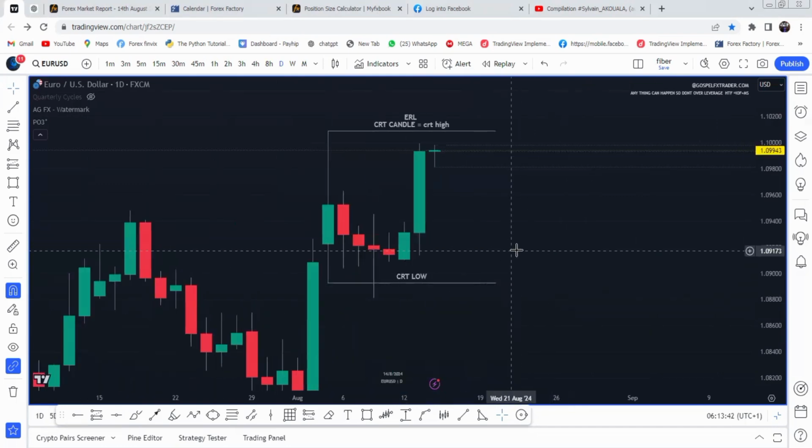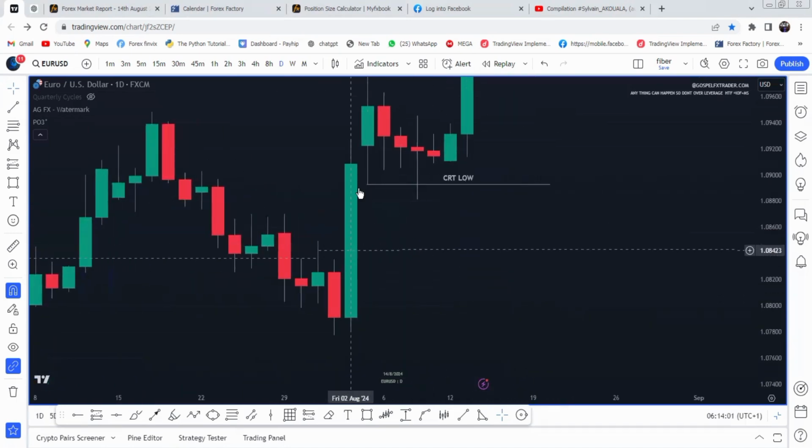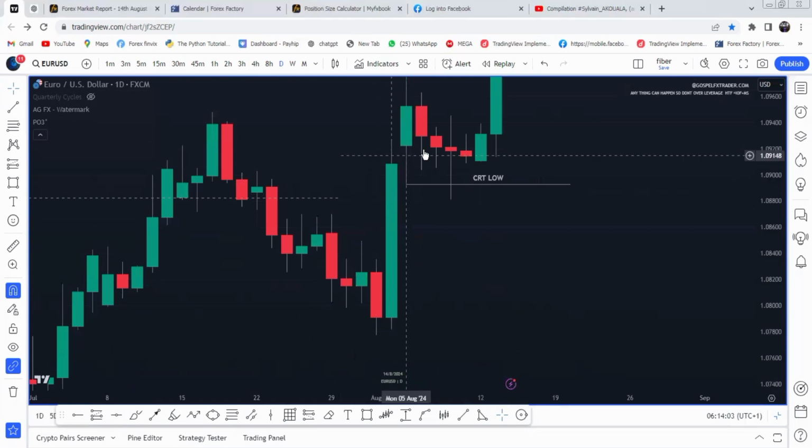Now I think I told you that for price to take either side of the CRT, you need to understand what is happening below or above that candle where you are expecting a stop hunt or total soap of the CRT into. Here we had a fair value gap, a very nice one, and even at this point there was a volume gap, so you could see price did not even try to close below that volume gap.